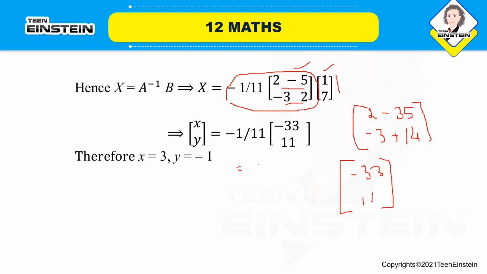You will be getting minus 33 by minus 11 and minus 11 by 11. On simplification, this is 3 and this is minus 1. Therefore, equating, we get x equal to 3 and y equal to minus 1. So we have solved it.